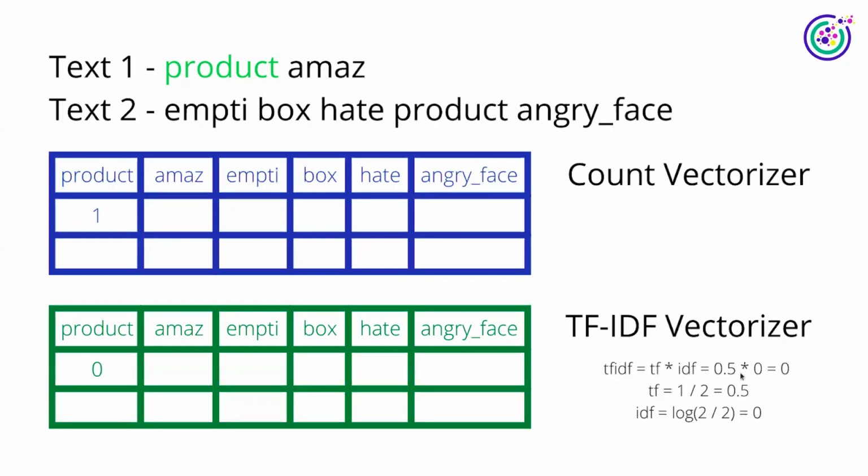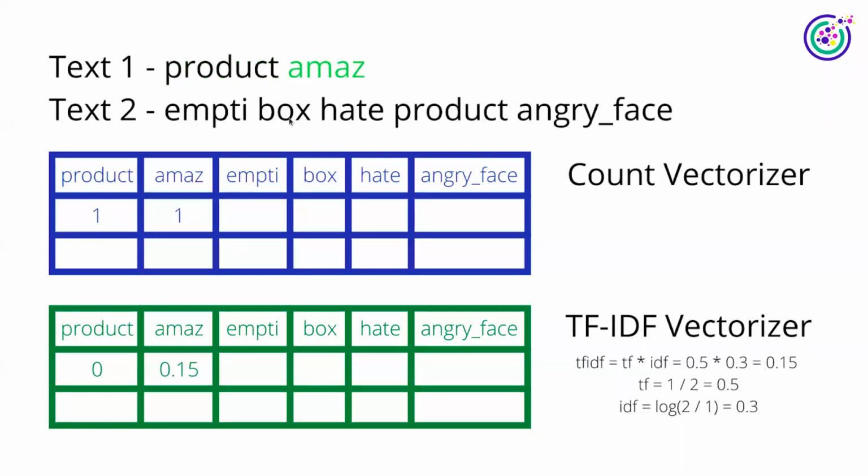It emphasizes whether a certain word is occurring throughout the corpus or not, right? So next is the word amaze. Amaze occurs one time in text 1, so the entry will become 1 for count vectorizer, and for TF-IDF vectorizer, the entry becomes 0.15.